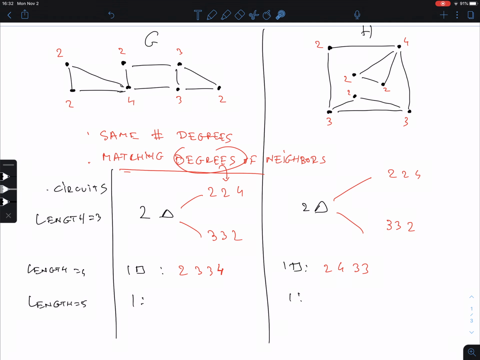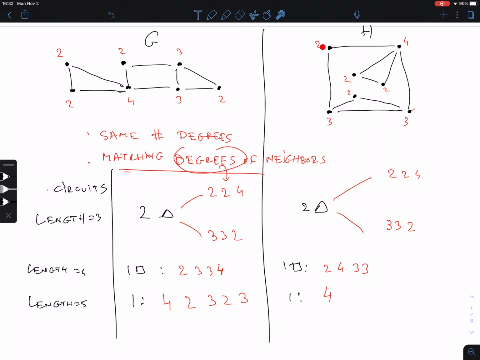So 4, and then I go, let's say, clockwise, then go up 2, 3, 2, 3. And here I also start, the path 5 was this one, right? So I start 4, 3, 2, 3, 2. And again, 4, well, okay, it's not the same if I list it this way, 4, 3, 2, 3, 2, 4. It seems different, but this is because I run in the wrong direction.